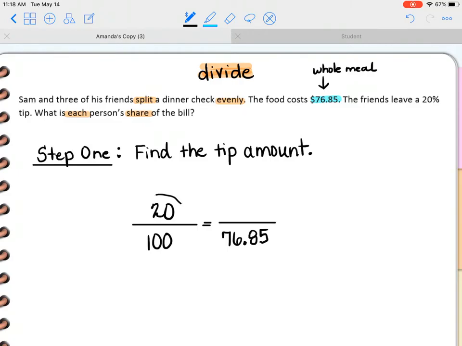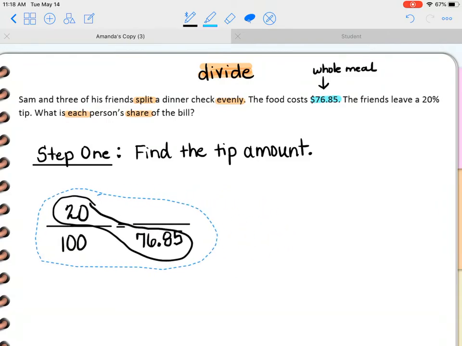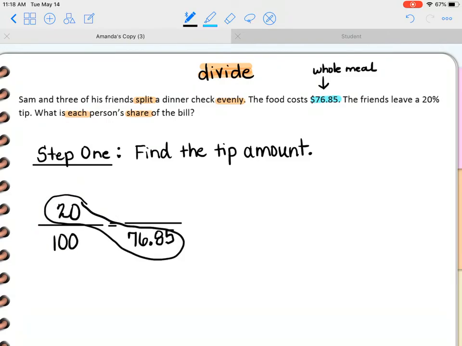And then draw your peanut if you're using this method. And you always do what to peanuts? Multiply them. So 76.85 times 20 equals 1537, divided by the part that's not in the peanut, which is the 100.